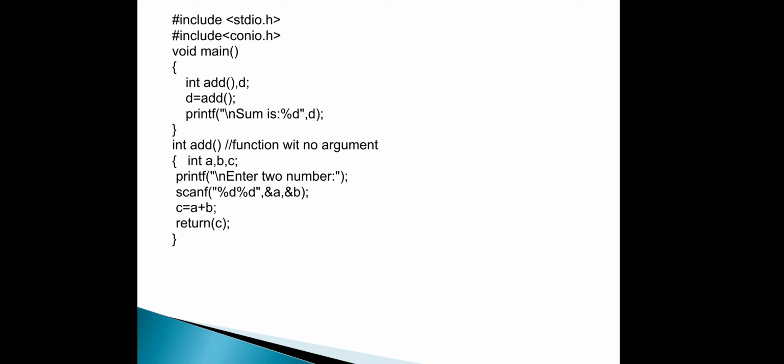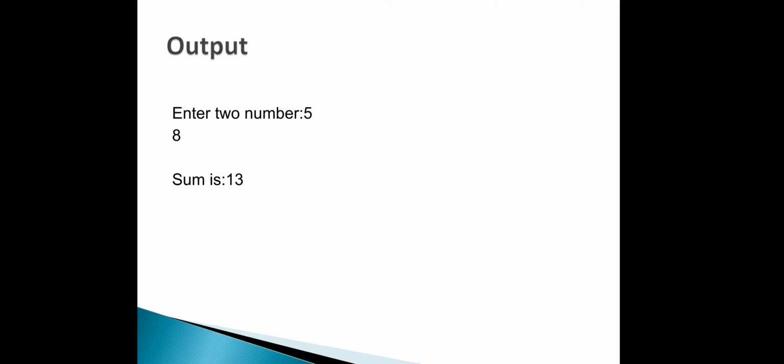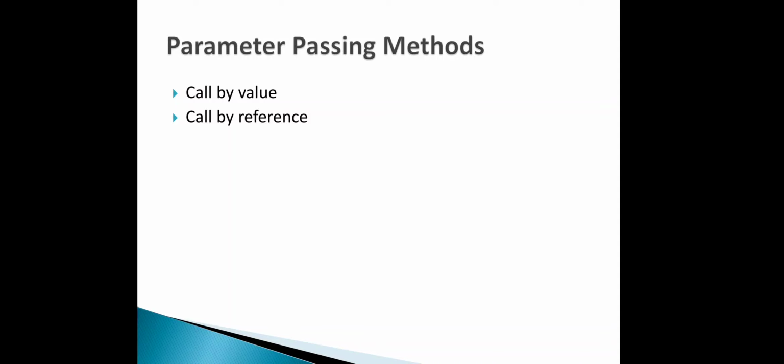When the function returns a value, the calling function receives one value from the called function and assigns it to a variable d. So here the result variable is d. Then the result value is printed in the calling function. And this is the output of that program.